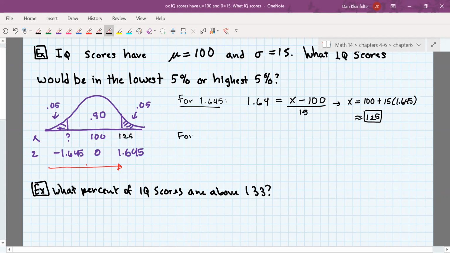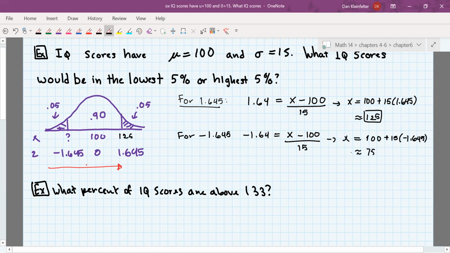We'll do it for the other end as well. For the lower 5%, that works out to be about 75.